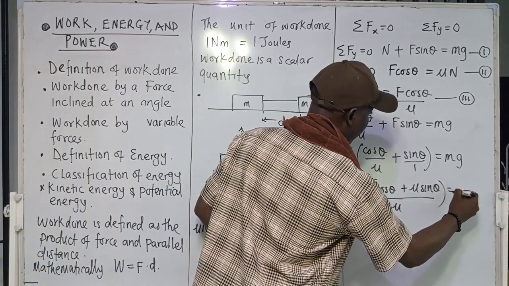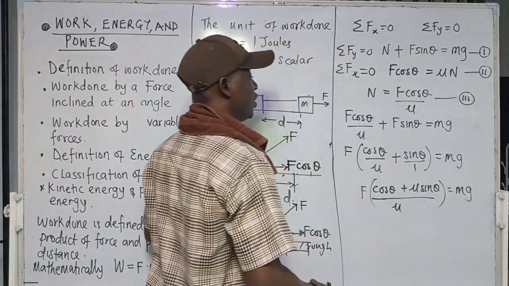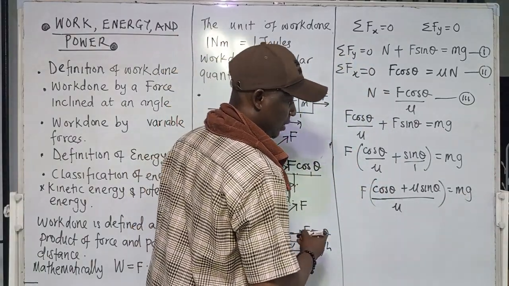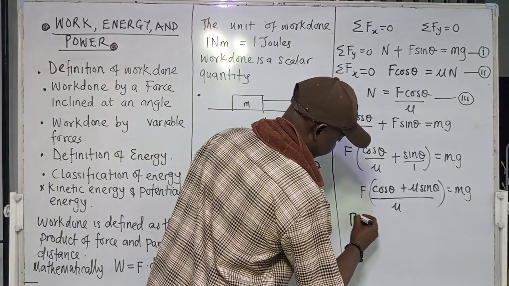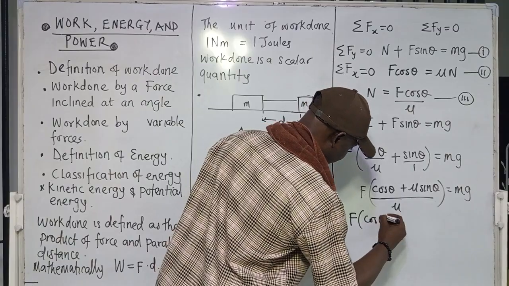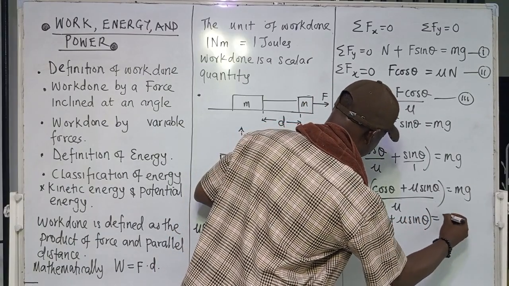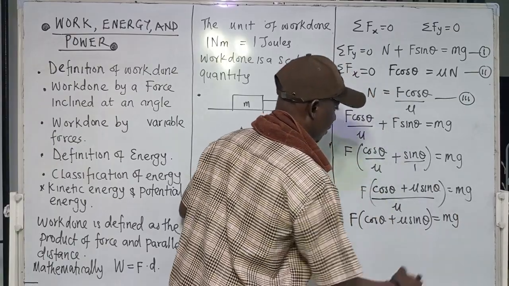So what do you have now? F times the bracket equal to Mg. Now, in making F the subject of formula, what do you do? Multiply all through by mu, so that you have F times cos theta plus mu sin theta is equal to mu Mg.